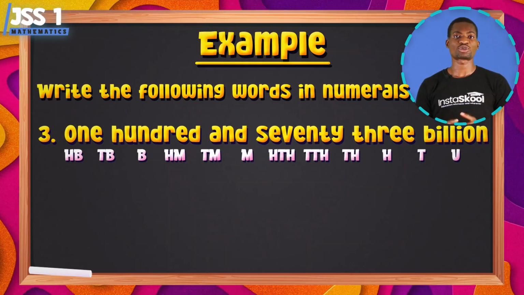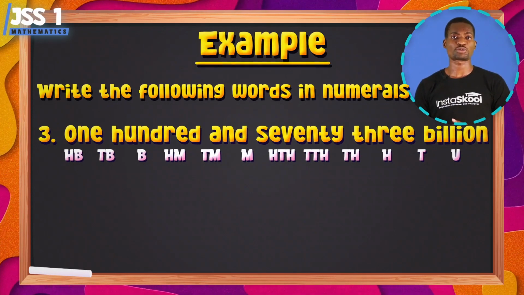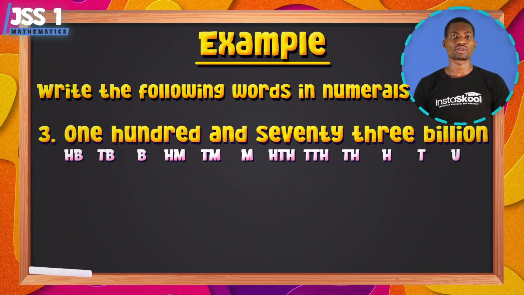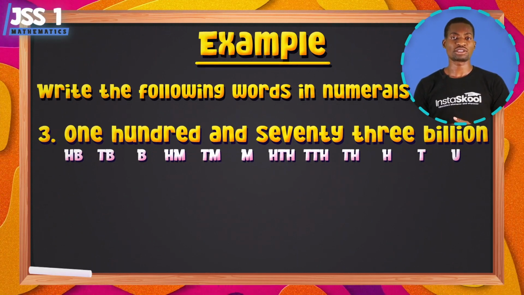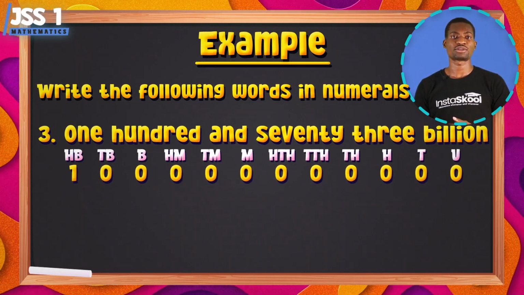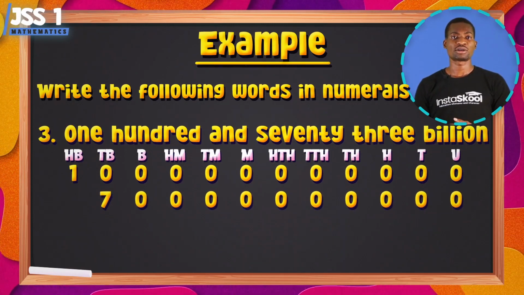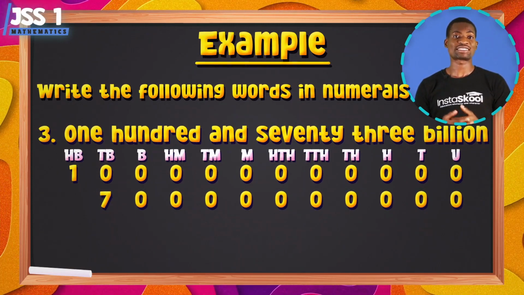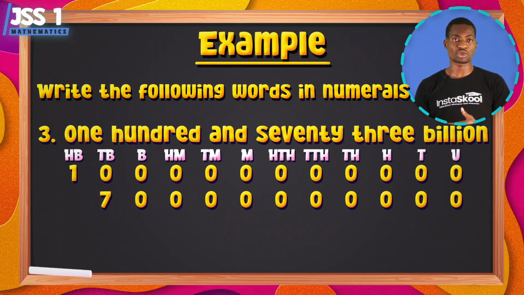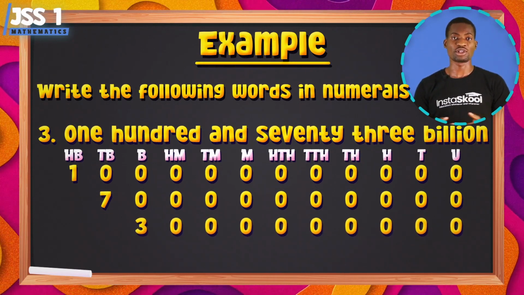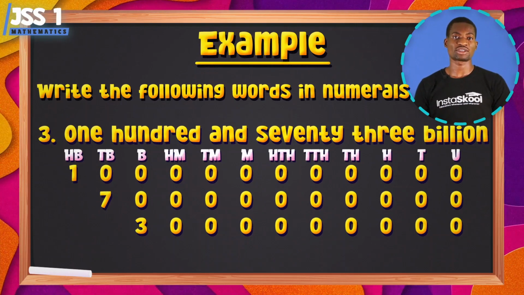The second step is to separate the numbers into their corresponding place values. We have 100 billion, that is 1 with 11 zeros. We have 70 billion, that is 7 with 10 zeros. And we have 3 billion, that is 3 with 9 zeros.